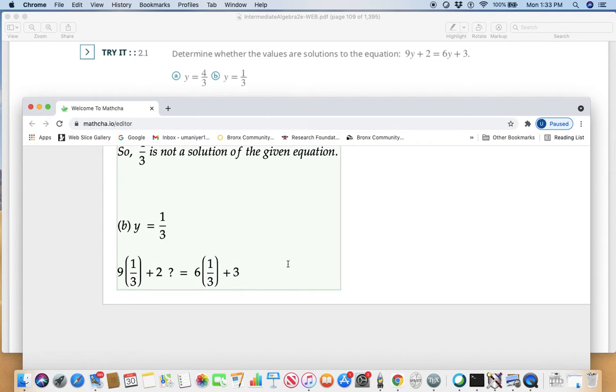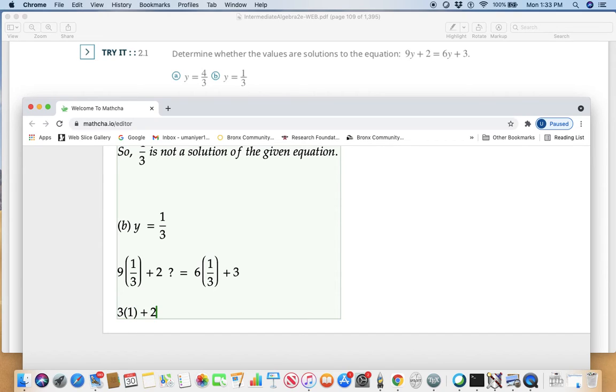Okay, so, well, it's a question mark. 3 reduces 9 3 times. Question equals 3 reduces 6 2 times. What happens here? 3 plus 2.